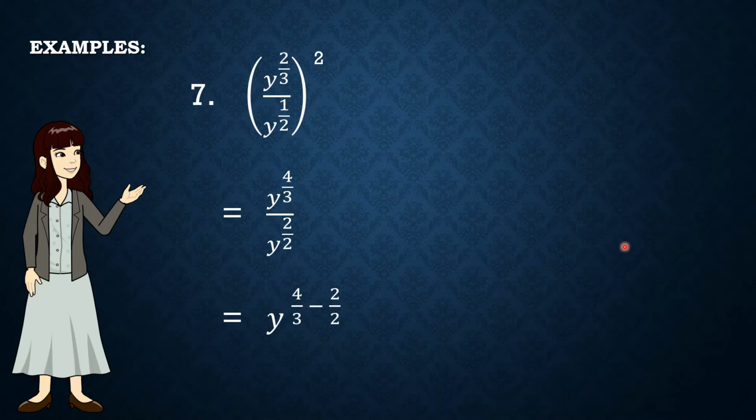And how can we simplify this? We need to use the quotient law. Subtract the exponents. So 4 over 3 minus 2 over 2. Your denominators are not the same, so we are going to get the LCD. Our LCD is 6. So we need to get the numerators. 6 divided by 3 is 2, 2 times 4 is 8.